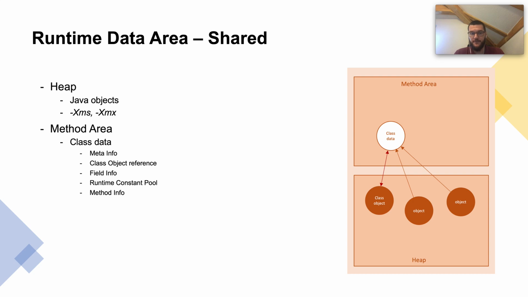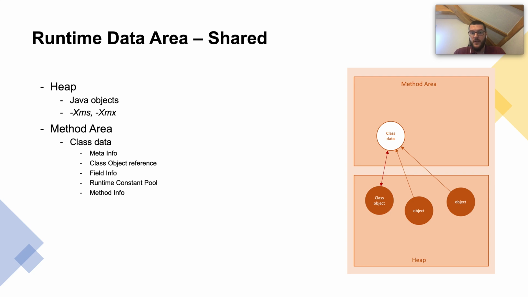If there is a pointer to the class object on the heap, it will simply return that address. It will not do the loading because it is already loaded.